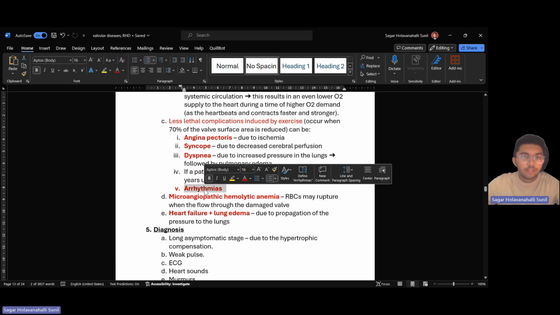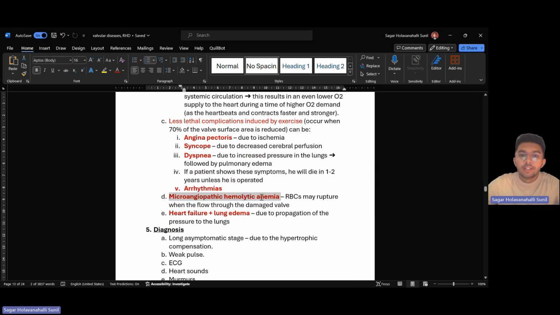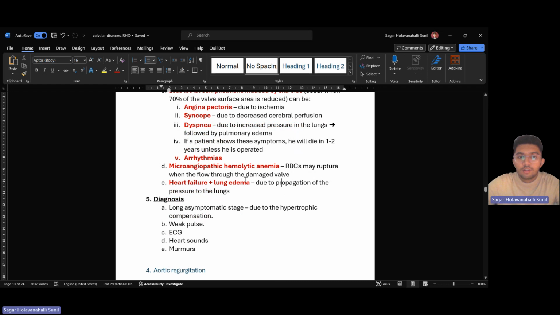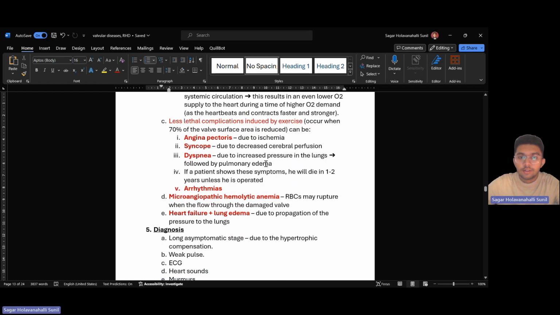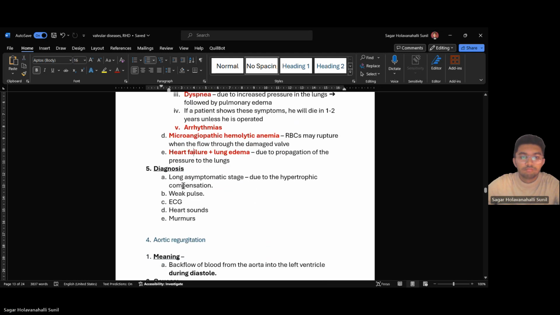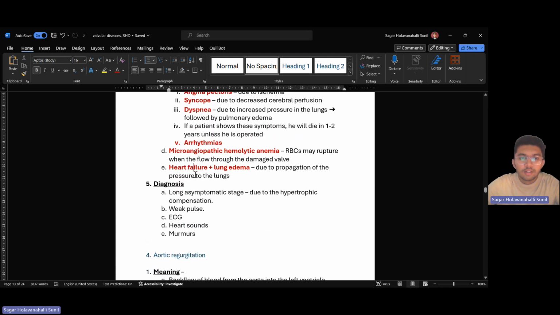Arrhythmias definitely because of dilatation and probably hypertrophy. Microangiopathic hemolytic anemia, because the valve is damaged and RBCs try to go through it with so much force that they can undergo hemolysis because of physical trauma. And obviously, pulmonary edema can cause lung edema, which I think is the same thing.